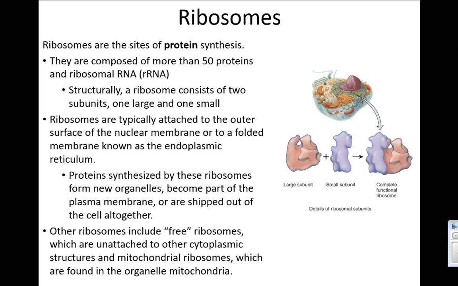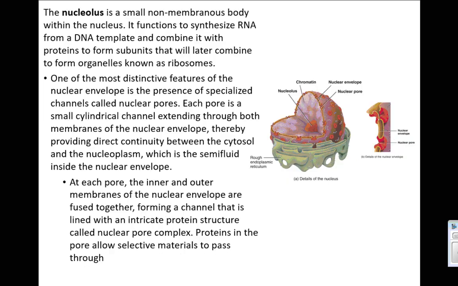The next organelles are called ribosomes, which you can think of as protein factories of the cell. We find them all over the place. We just saw some on the outside of the nuclear envelope. Primarily, we find them attached to what we call the rough endoplasmic reticulum, which was pictured here on the previous page.